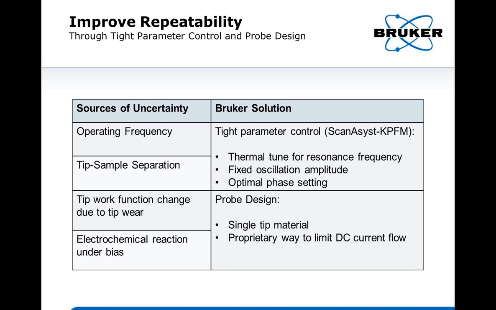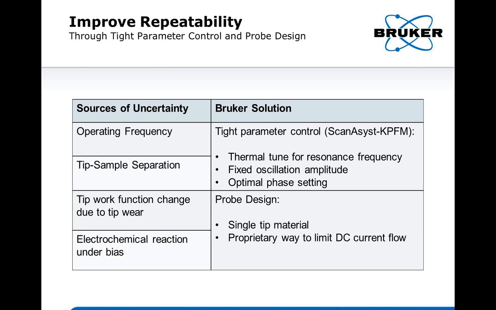So this problem is taken care of by probe design. For example, for the tip, we use single materials, for example, silicon. And that way, no matter how you wear the tip down, it's still silicon. It's still the same material, so the work function will not change.